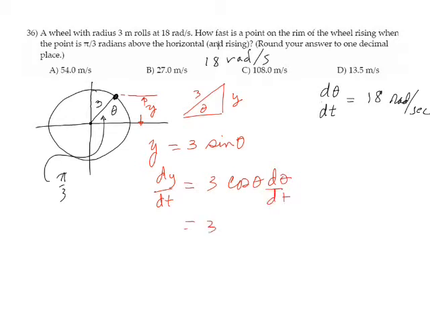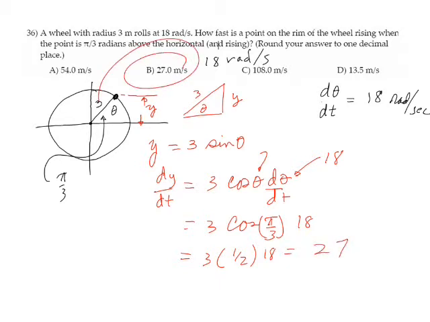So this is 3 cosine of theta, and the question was if the angle is pi over 3, so we place pi over 3 in there, and d theta/dt happens to be 18. Cosine of pi over 3 is 1/2, so we get 3 times 1/2 times 18, and that is 27 meters per second.